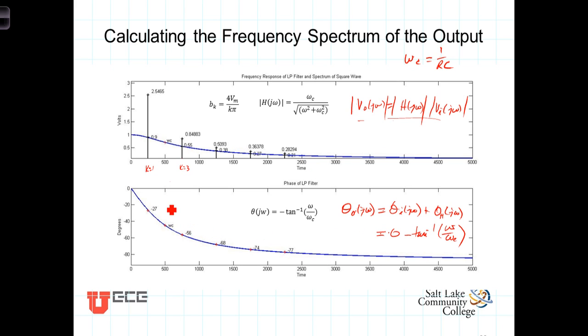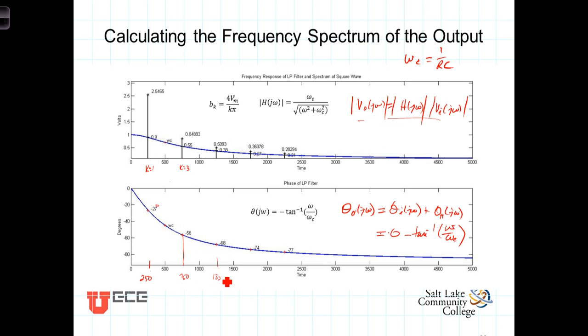That's the magnitude. Now the angle of the output is going to be the angle of the input, which was 0, plus, in this case, the term at 250 radians per second. The filter is going to add a 27 degree phase delay for that frequency. It introduces a negative 56 degree phase delay for the 750 radians per second.